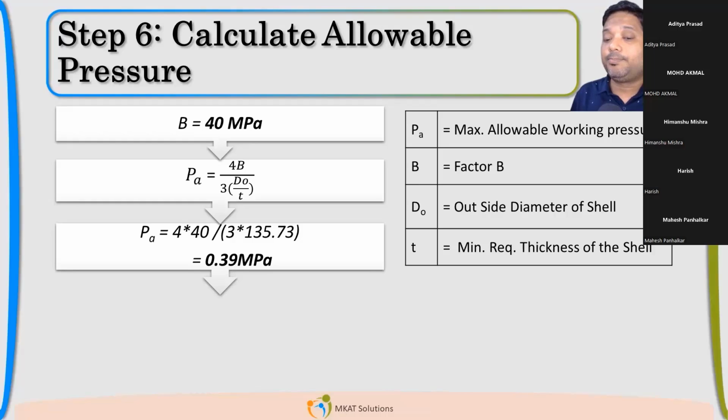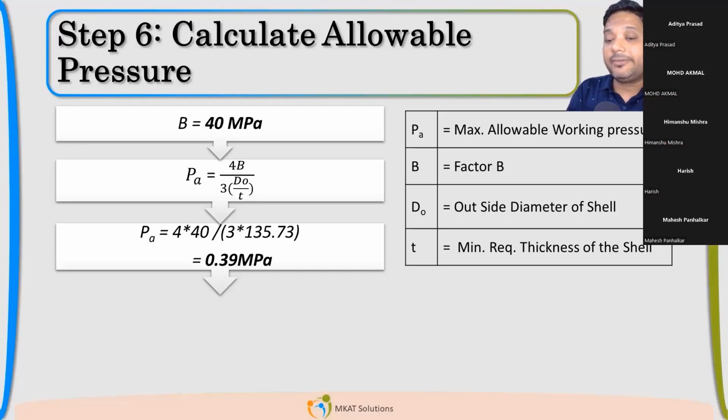Now tell me whether this PA is acceptable. With this allowable pressure which I have got, can I say that the design is safe, or do I need to do iteration? Is this the end of it, or do I need to do some iterations? Ajay is saying safe. Okay, safe.